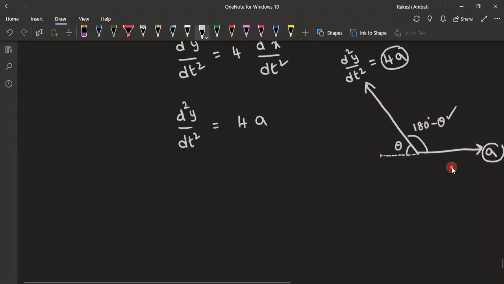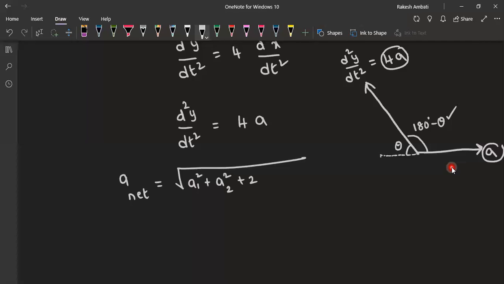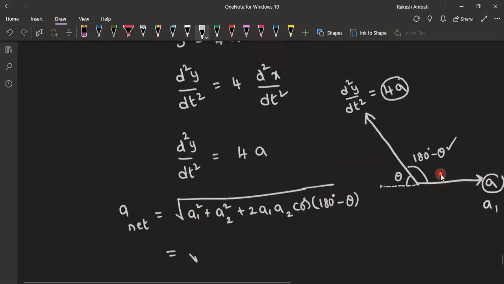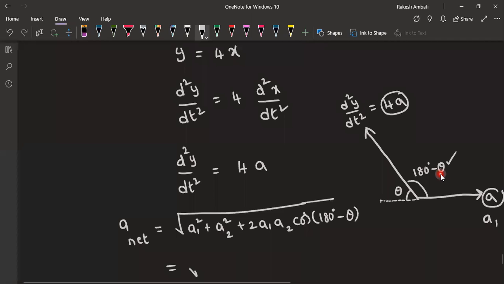You follow the parallelogram law to find the magnitude of the resultant acceleration, that is root over a1 square plus a2 square plus 2 a1 a2 cos of the angle. Between the accelerations, the angle is 180 minus theta.